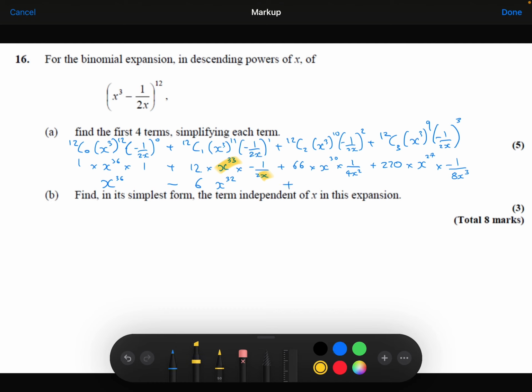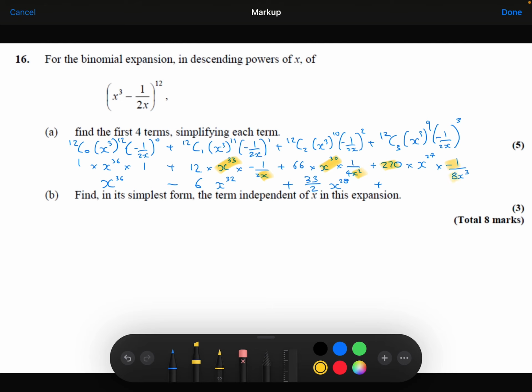Next, we've got 66 times 1/4, which will just simplify to be 33 over 2. It's the simplest you can write that. And then the x to the power 30 divided by the x squared is x to the power 28. And then the fourth term, we've got the 220 times minus 1/8.